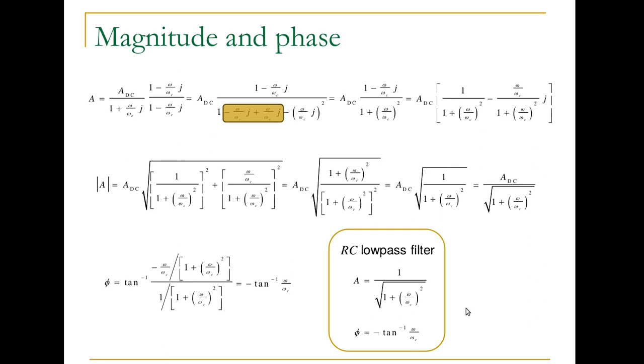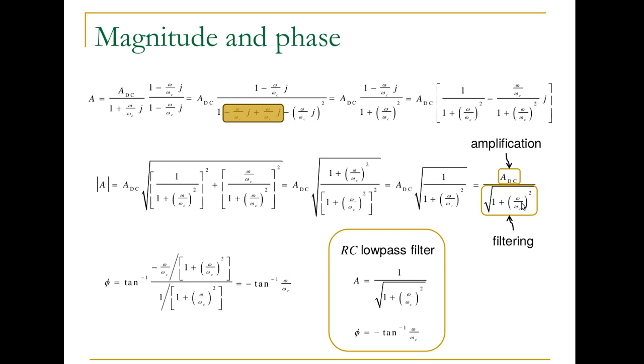Here are the gain and phase for the RC low pass filter. And you can see the two portions for this active filter. Amplification is the DC gain, and then the filtering comes from the denominator. Now the filtering is what we want to have for getting rid of high frequency noise.